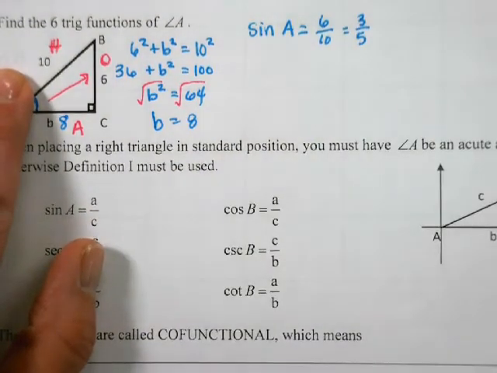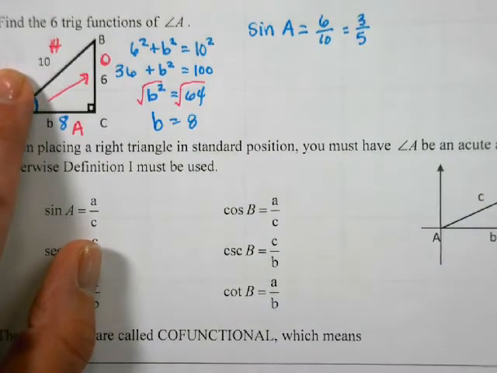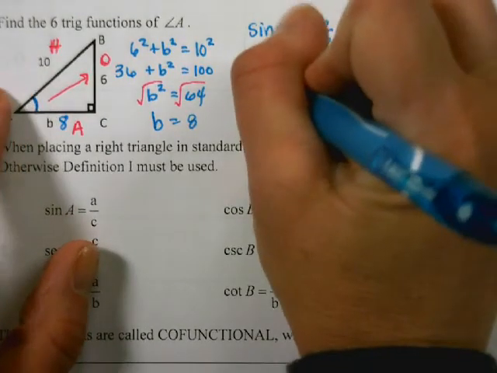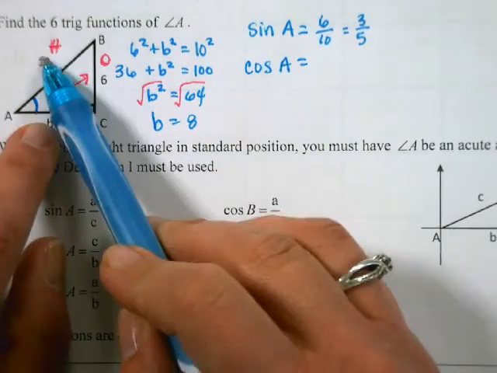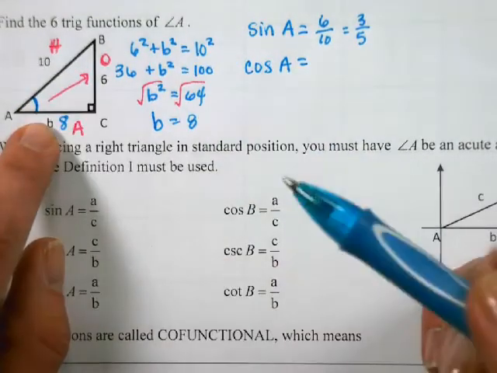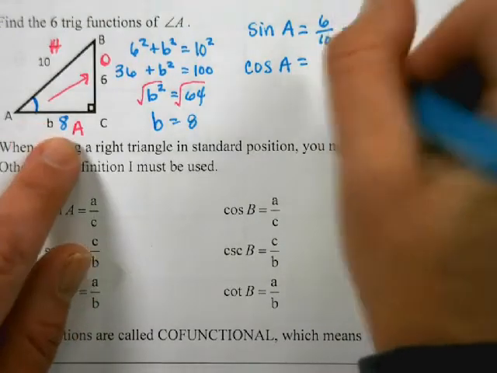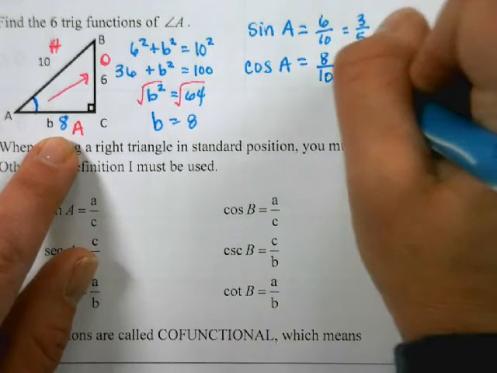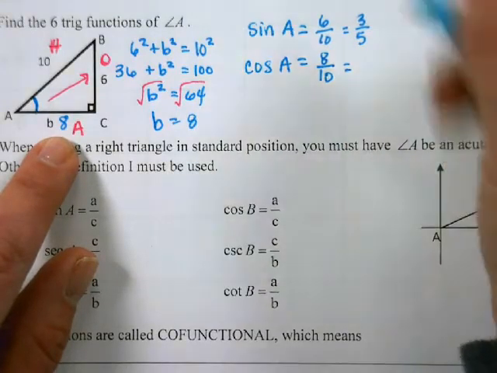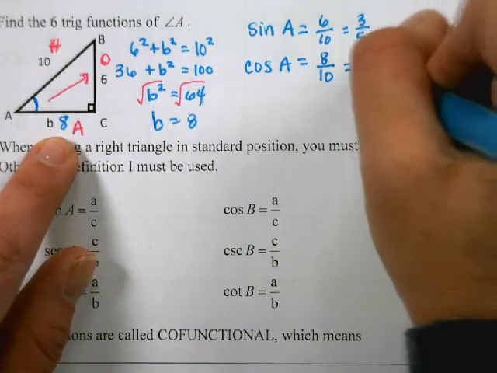Yes, we should reduce. We know how. All right, cosine of angle A. Adjacent over hypotenuse. Okay, well my adjacent is 8 over 10, which reduces to 4/5.